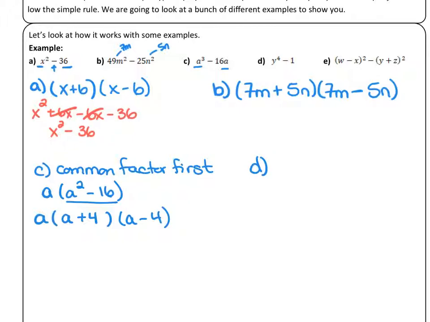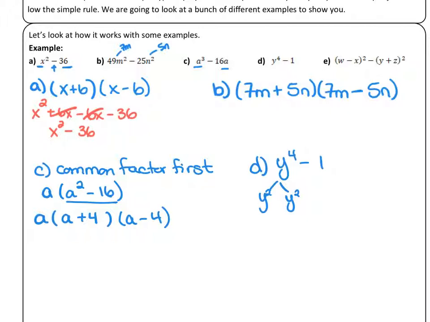Okay, D. Now, yes, it has a 4 on it because it's y to the fourth minus 1. But what I do know is this can be broken into y squared. So it is still a difference of squares, even though it doesn't at first seem like it is squared.